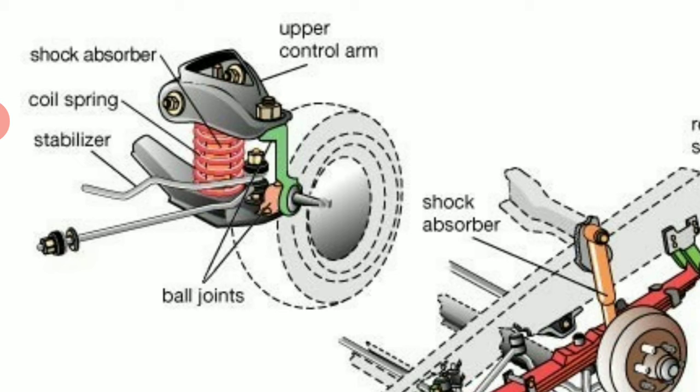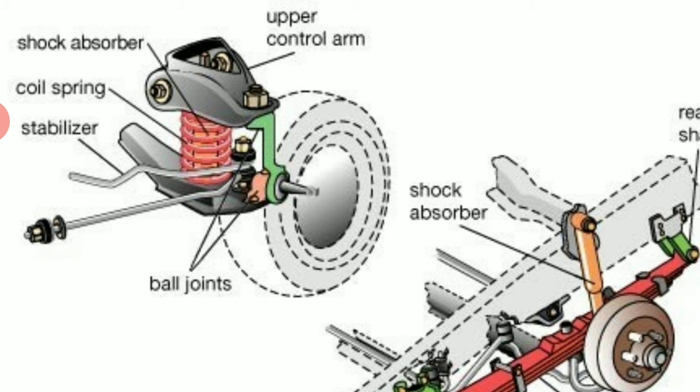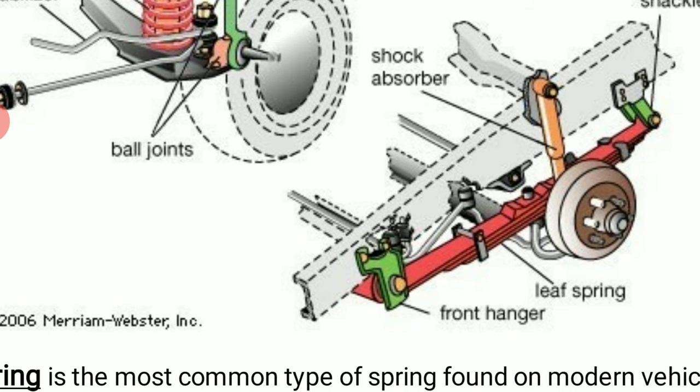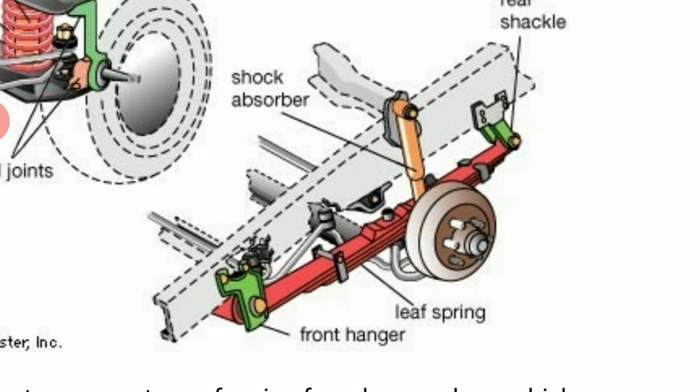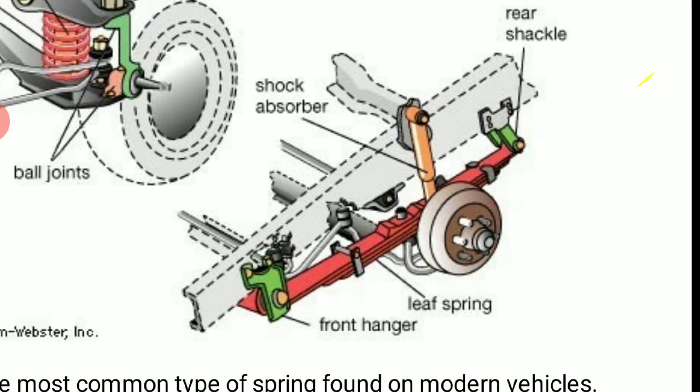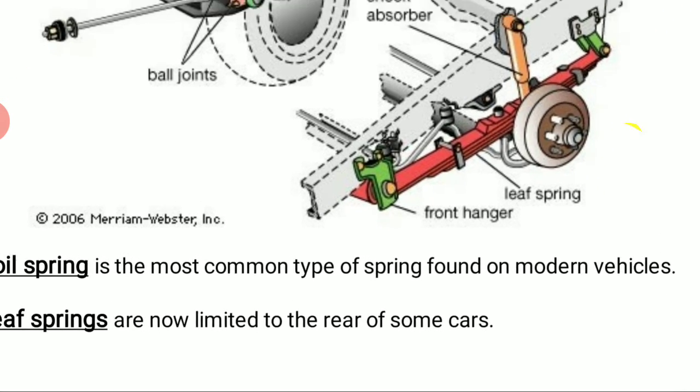Then the upper control arm and ball joints will be there. This is the coil spring, and in this figure you can see the leaf spring. The red color is called a leaf spring, and again it is connected to the shock absorber.